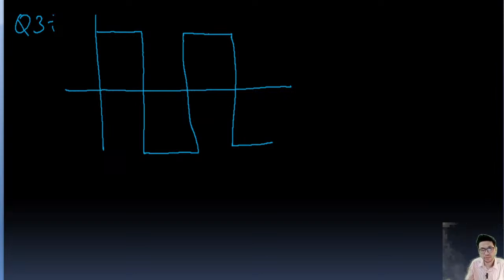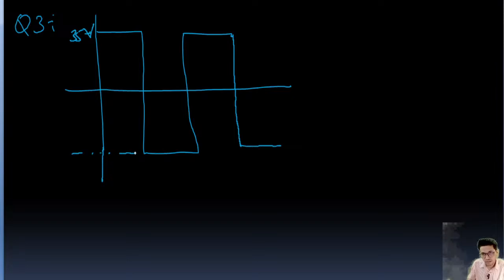We have this square wave, okay, and this is 35 volt, and this is minus 35 volt. This is 35 volt and this is minus 35. So this is the graph.